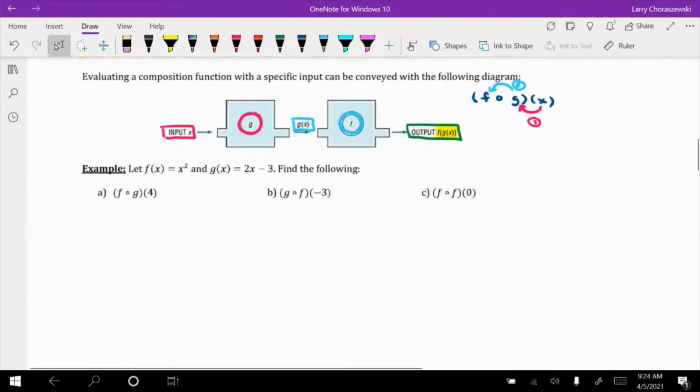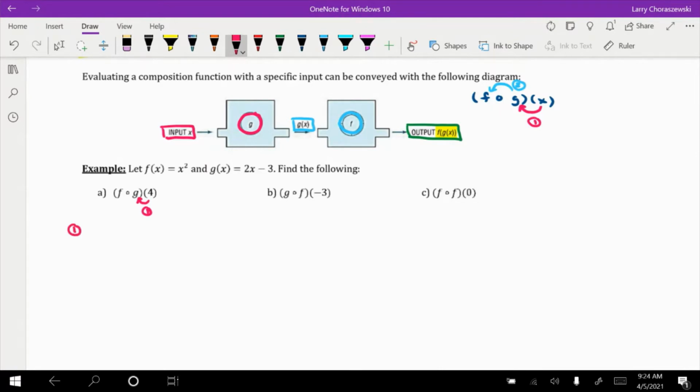Let me show you how this works with two different functions for f and g, and now we have specific values of x. So in part A, we have f of g of 4. The first function that we're going to use is g of x. So we work backwards, from right to left.